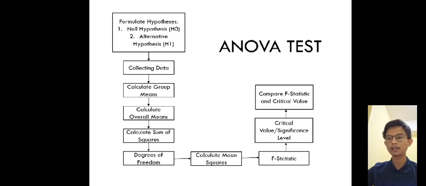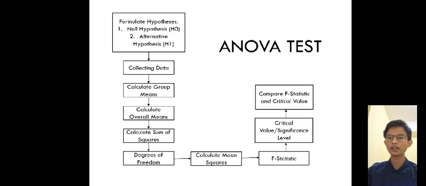Meanwhile, in H1, the alternative hypothesis, we assume there is at least one significant difference between the group means. After that, we gather the data from the different groups we want to compare. Each group should represent a different treatment, condition, or category, like the walking durations and the air insole.